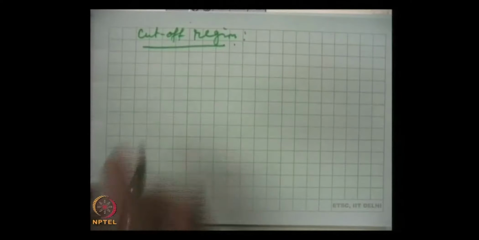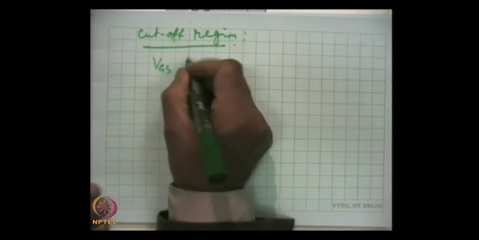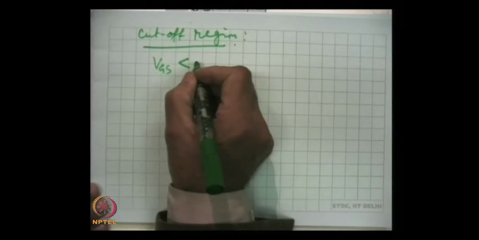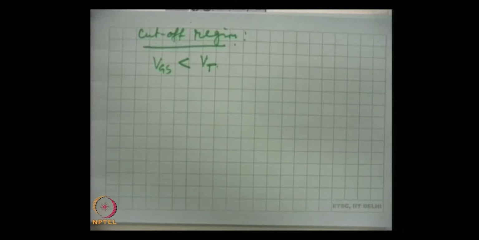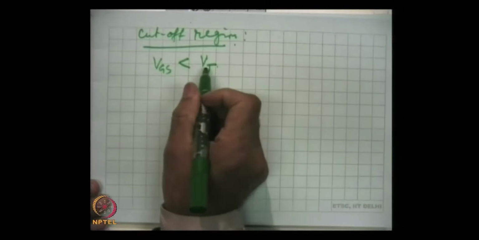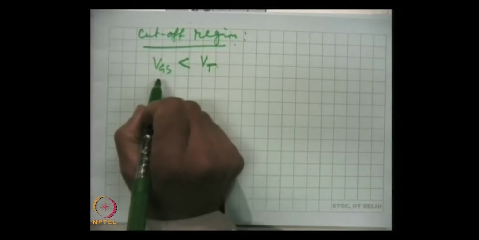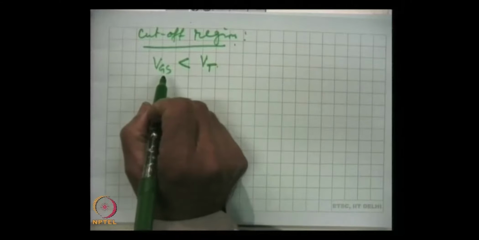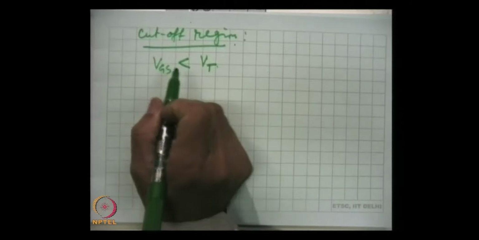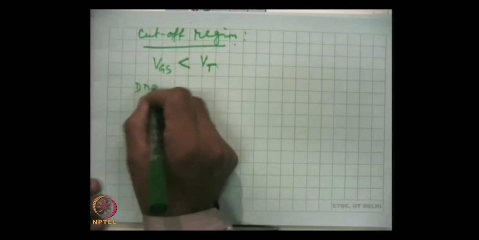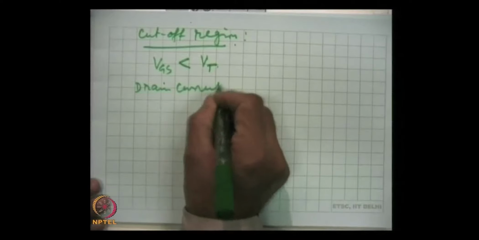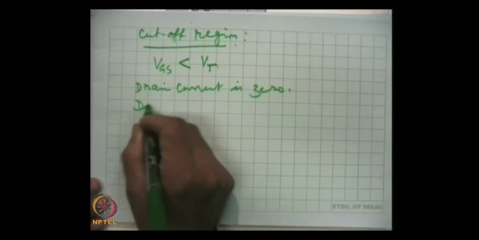In this region, the gate source voltage is less, that means more negative than VT, threshold voltage, and we have told what is the threshold voltage, that gate source voltage which depletes the charges from the channel completely, and the drain current is 0 and the device is off.